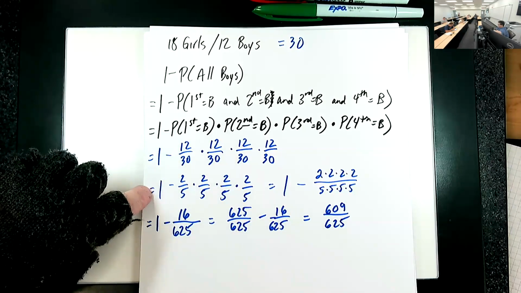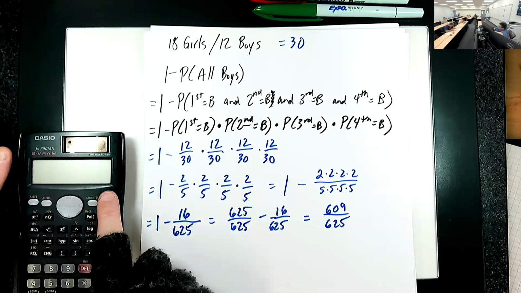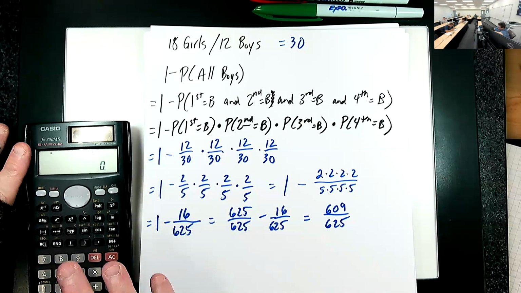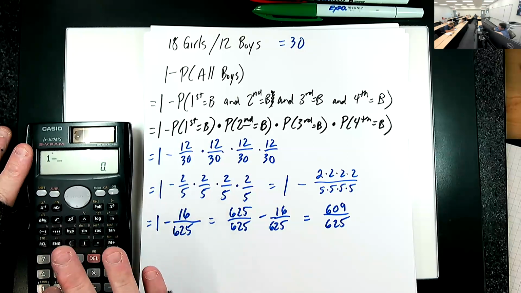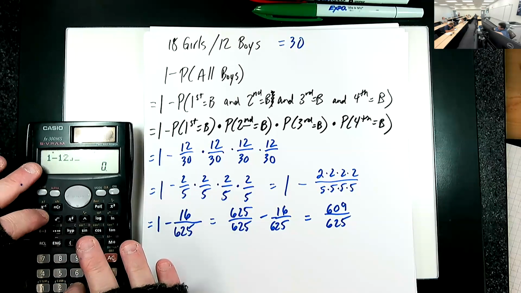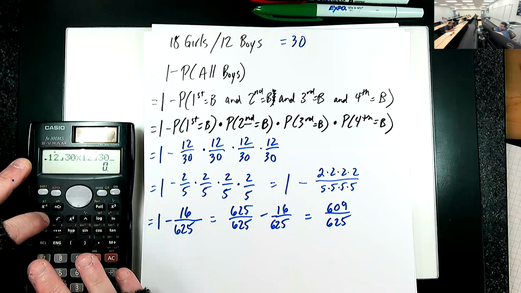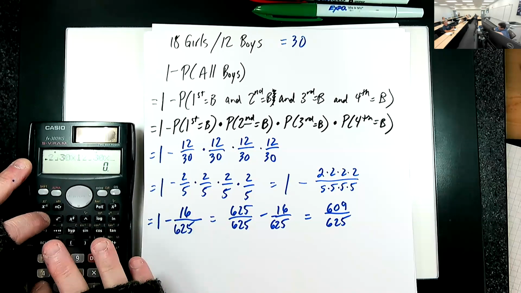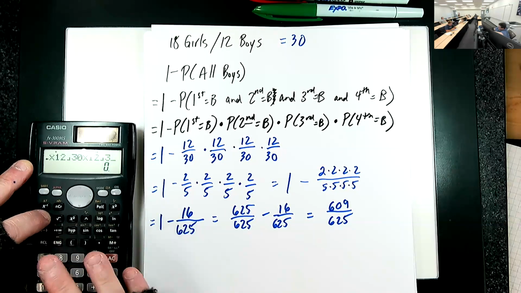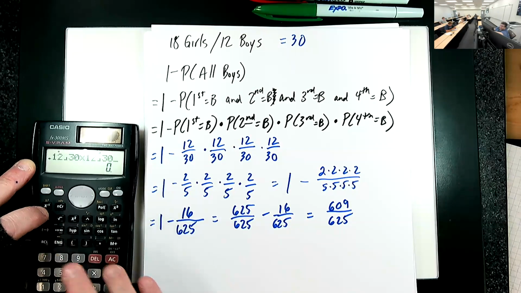I'll put it in the calculator like we had up here though, the 12 and the 30, because that's probably where you guys would have stopped. One minus 12 over 30 times 12 over 30 times 12 over 30 times 12 over 30.